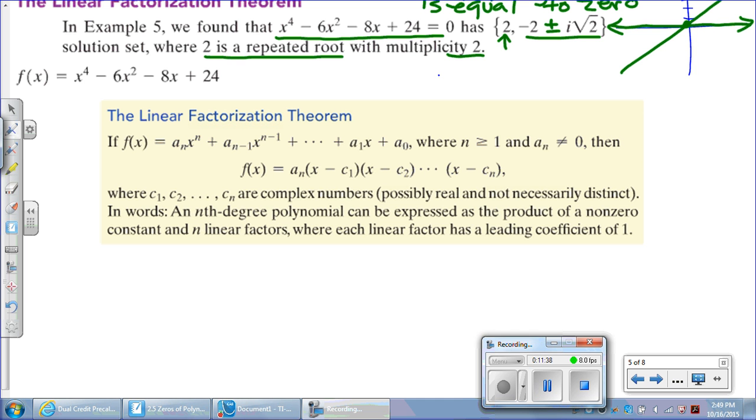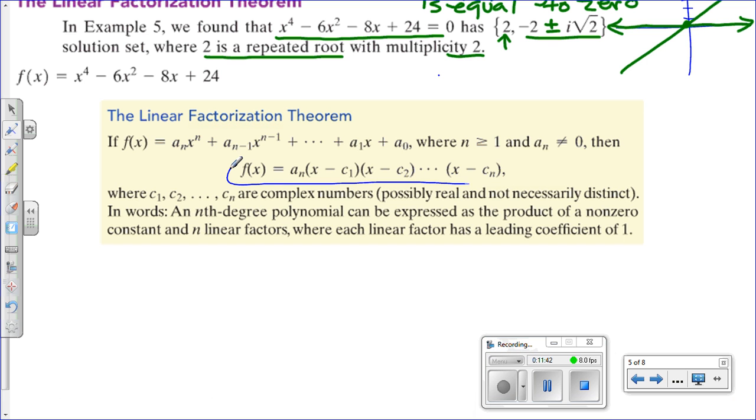So going back to example 5 and using the linear factorization theorem, we're going to do the following. So we're going to write all the factors. So we had x minus 2. That factor comes from the zero x equals 2. Remember we had it twice, right? So it will be x minus 2, the next factor.